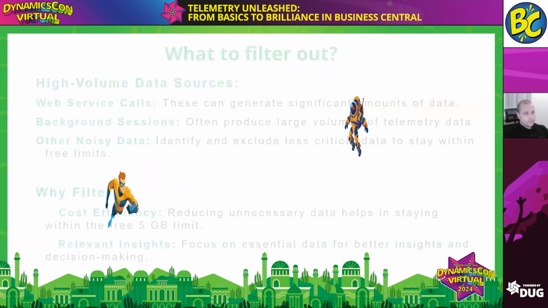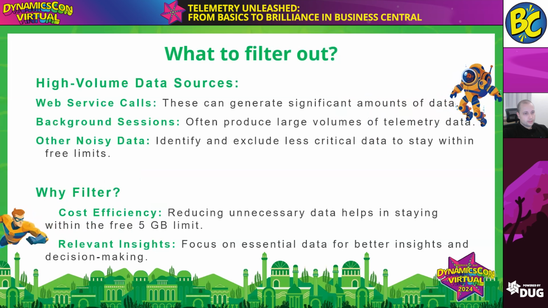Managing your telemetry data within the 5 gigabyte limit requires filtering out high volume sources. Significant data can come from web service calls, background sessions, and other noisy data, which should be identified and excluded. Why is it necessary?